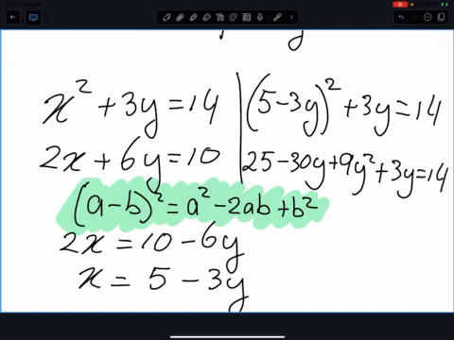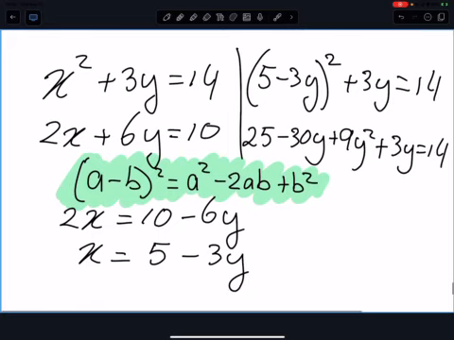Equals 14. So 2 times 5 times minus 3y. And then all there is to do is solve it.